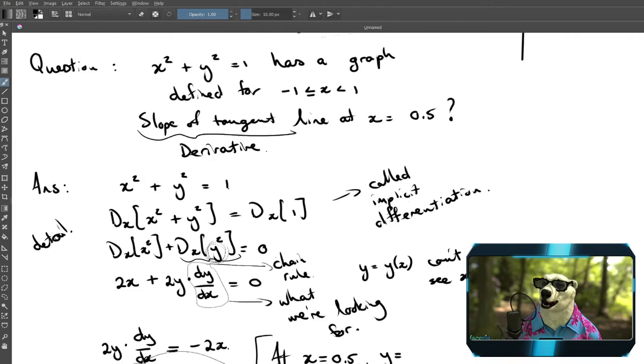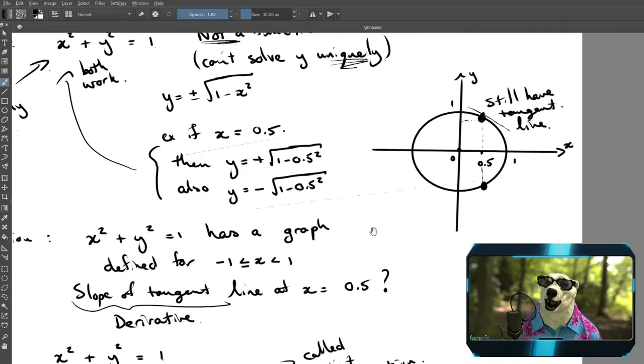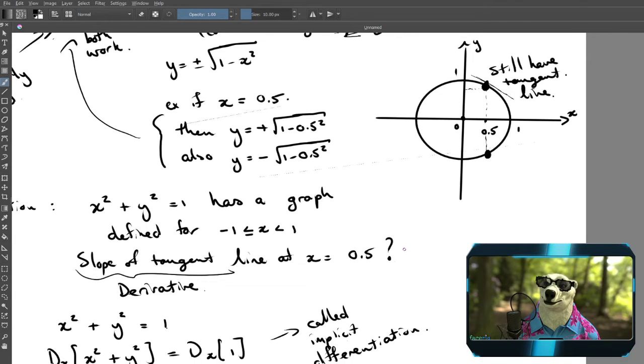Now let's suppose we are only interested in the top one. So let's just say here y positive, because looking at the graph, I'm going to get two of them, right? I have a plus and a minus up here. So I'm going to focus on the plus one, just so we have a single point.